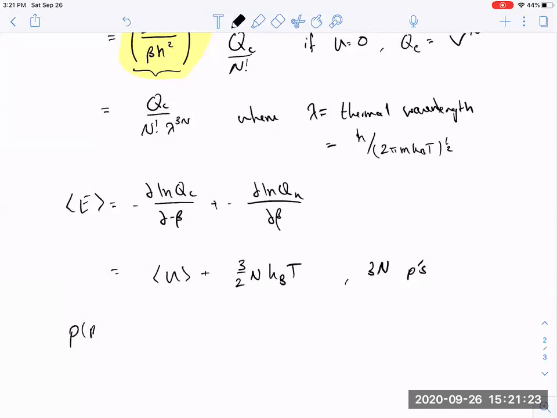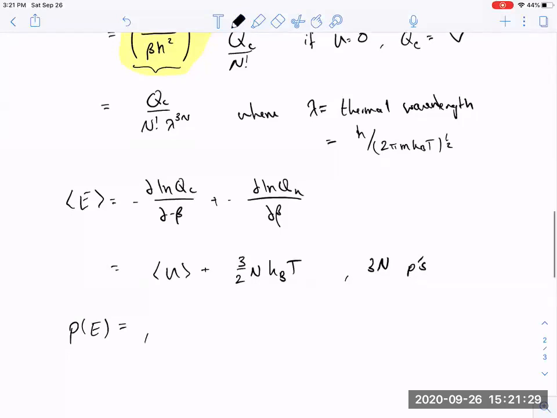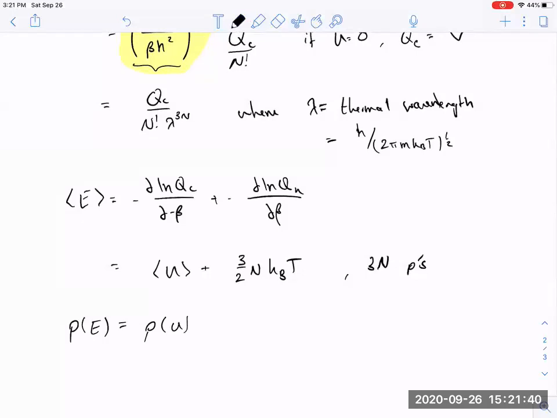This factorization of the partition function implies a factorization of the probability of observing a specific value of the energy. This means that the probability of some potential energy fluctuation is statistically uncorrelated with a kinetic energy fluctuation.